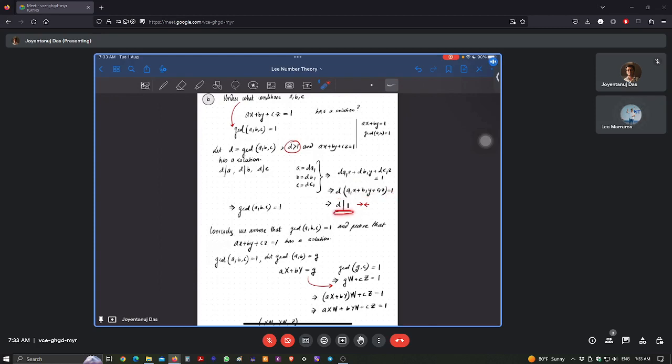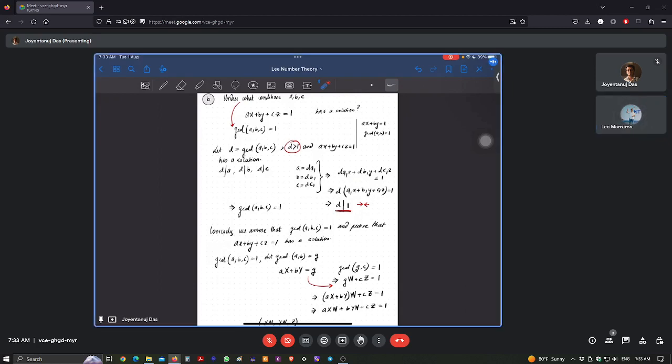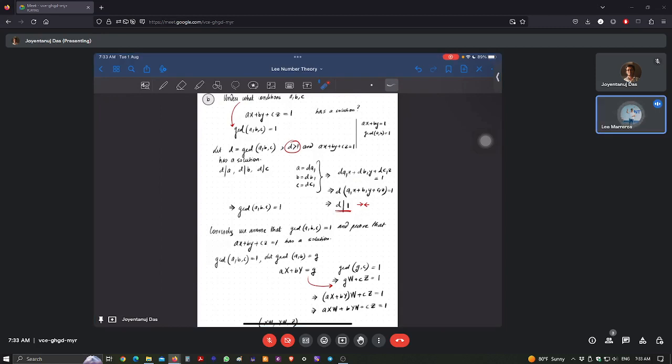So D divides 1, which is a contradiction because I assumed that D is strictly greater than 1. That's why D cannot be greater than 1; D has to be exactly equal to 1. Yes, I understand that part.